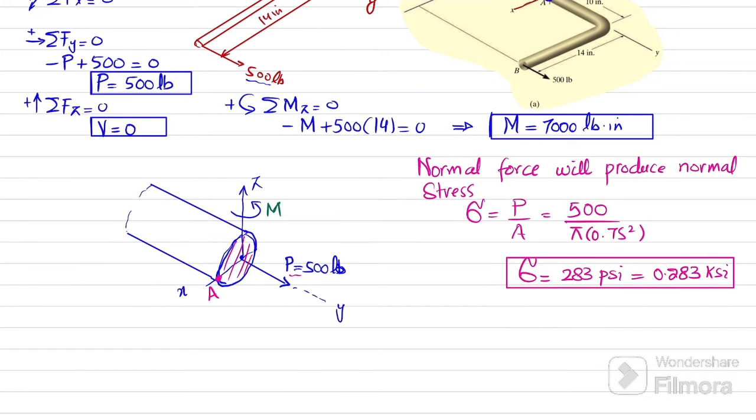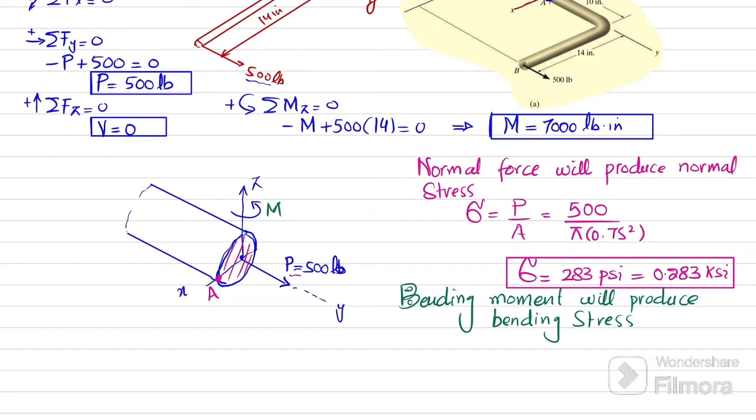So I can write bending moment will produce bending stresses. And you can see that this normal load is producing the normal stress in the y direction. So this will be in y direction, and this will be normal force. Now this bending stress, due to this bending moment, there will be bending stress in the y direction, and we can also write it that sigma due to bending moment will be bending stress in y direction.